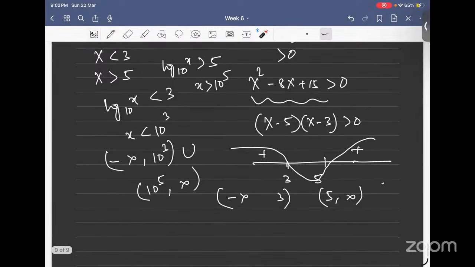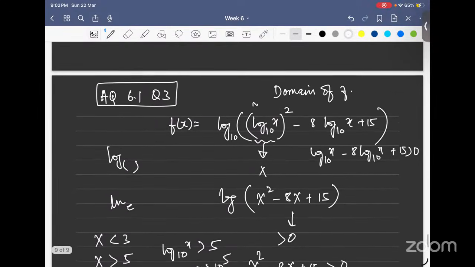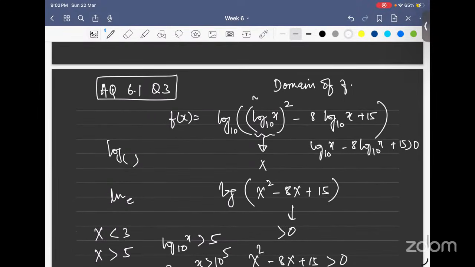So here it is minus infinity to 10 cube, right? So here it will be 0, sorry, because x can't take anything less than 0. Because here also this x should be greater than 0, because of log of x base 10.